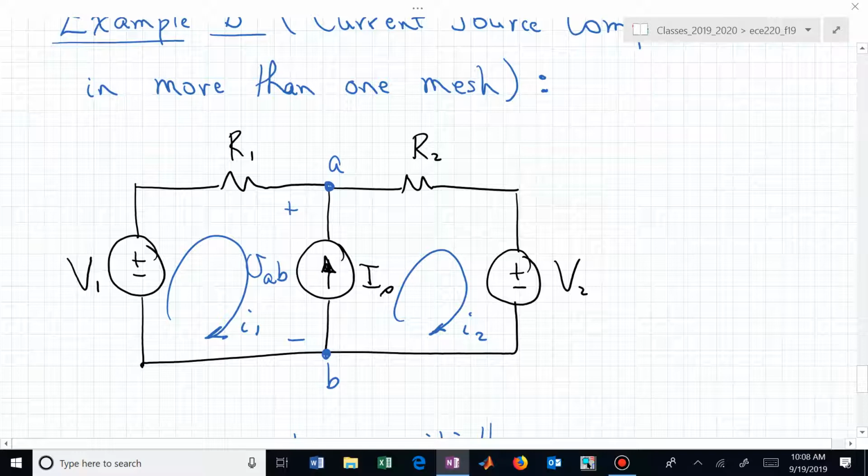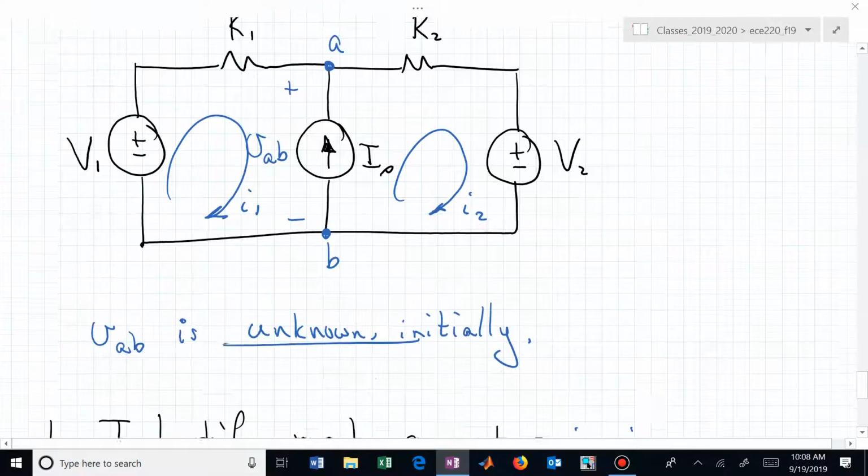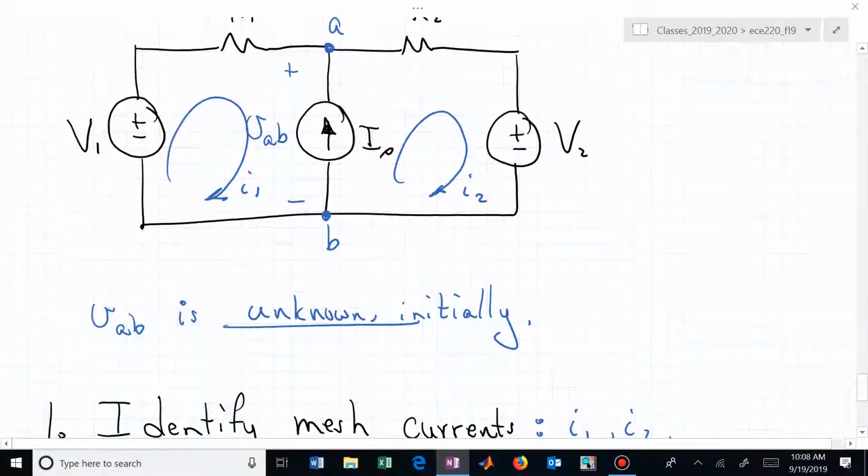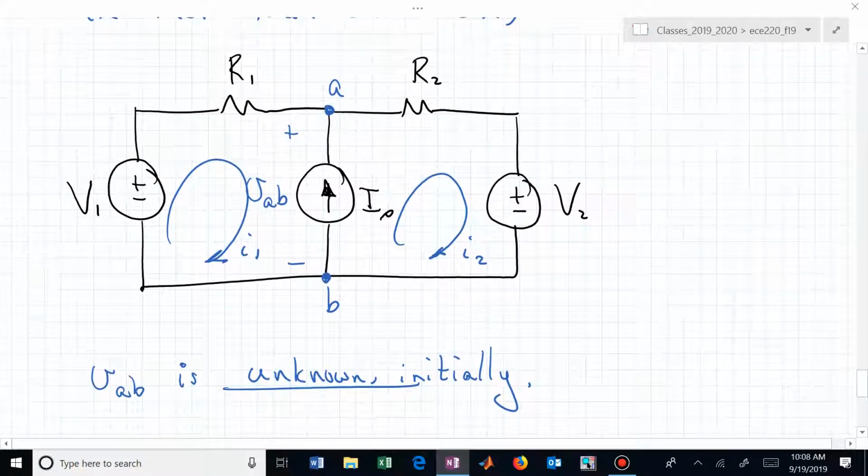We don't know the resistance, so we can't multiply that resistance by I1 minus I2. So we can't do anything with I1, I2 yet. We just said let's label it as a voltage drop V sub AB. Now we can't change that label now that we've assigned it.